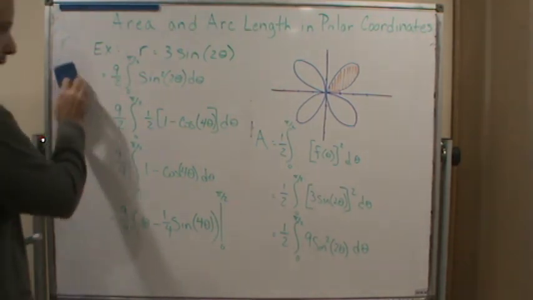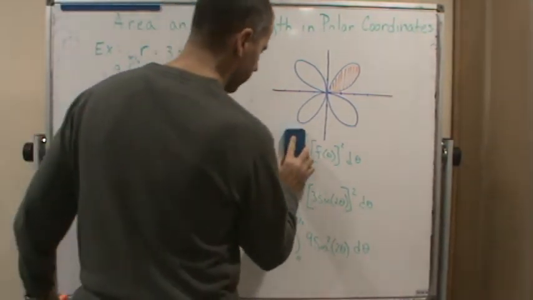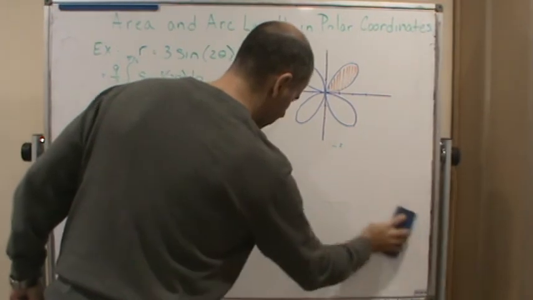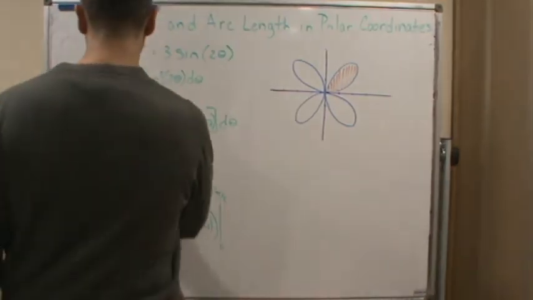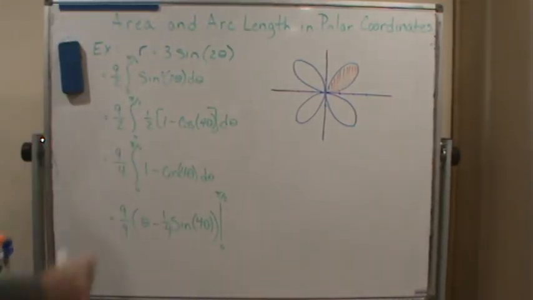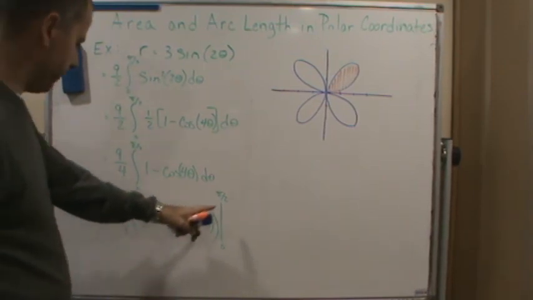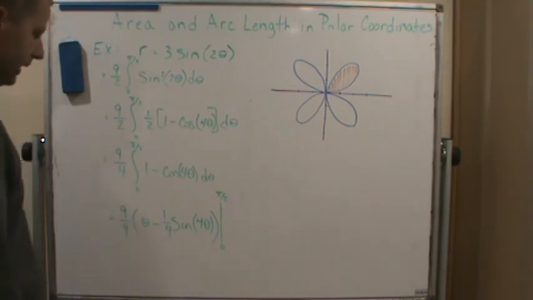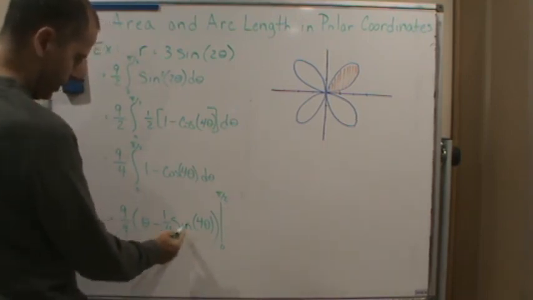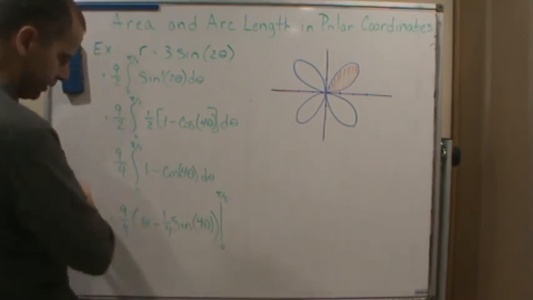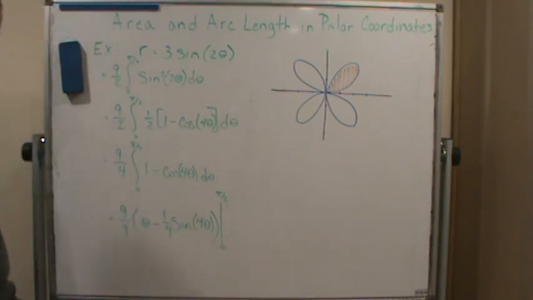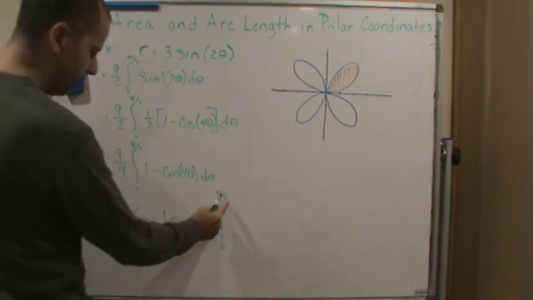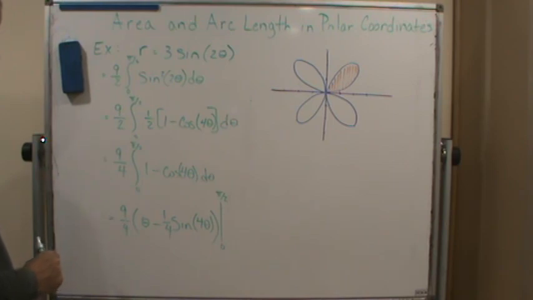Okay, so now we're pretty much at the end. Let's finish this up and see what the area becomes. I'm going to evaluate at pi over 2 and then at 0. At 0, this whole thing is 0 and this whole thing is 0, so I don't have to worry about the 0. But I can evaluate this at pi over 2.